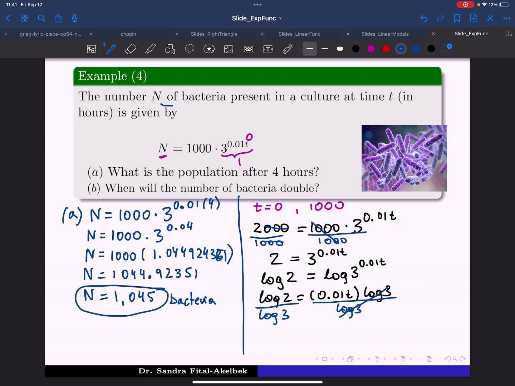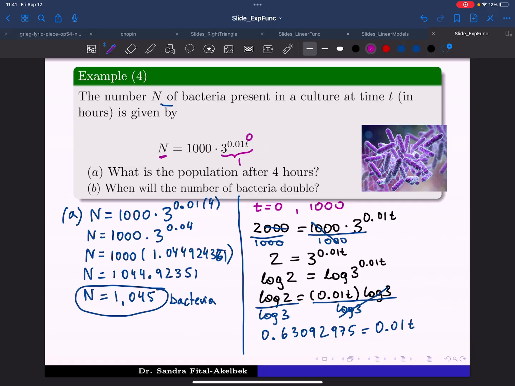You can type on the calculator, what is this log 2 over log 3? When I type it, I'm getting 0.63092975, and this is equal to 0.01t.